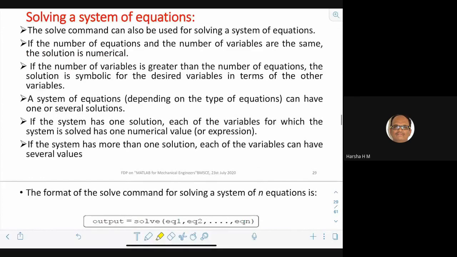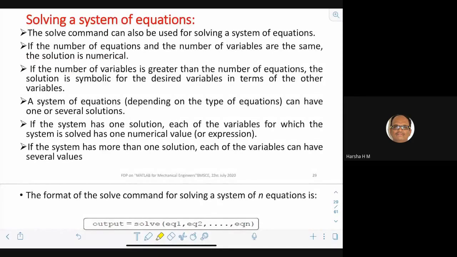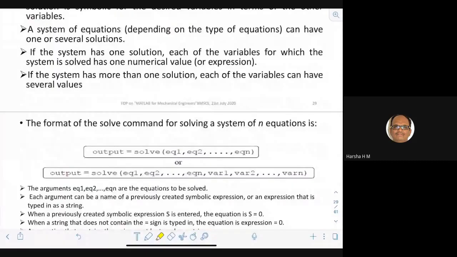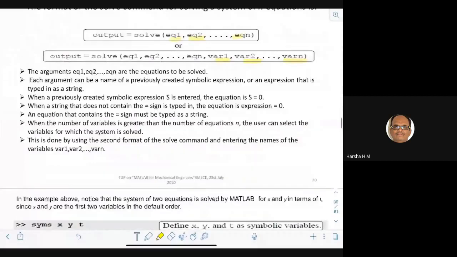Then let us look at using this for some applications. Solving a system of equations, you can solve many equations for these variables. That's the output you would like to look into. So how do we use it? I've already shared this material. Just observe this part.